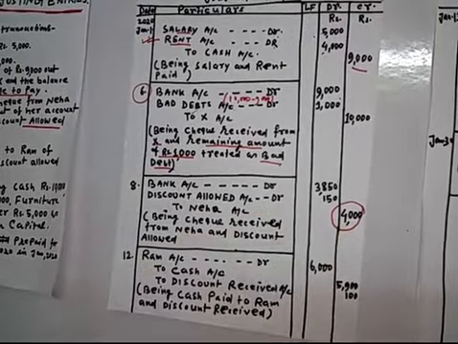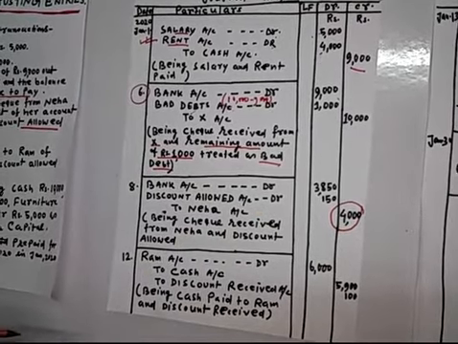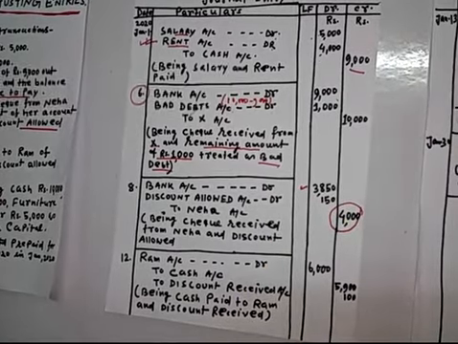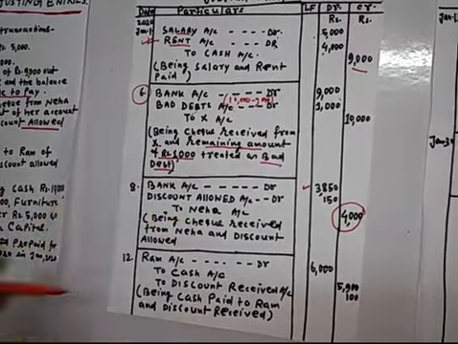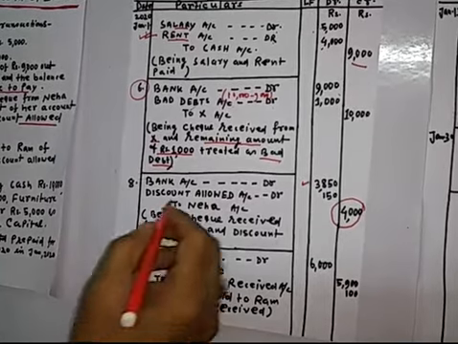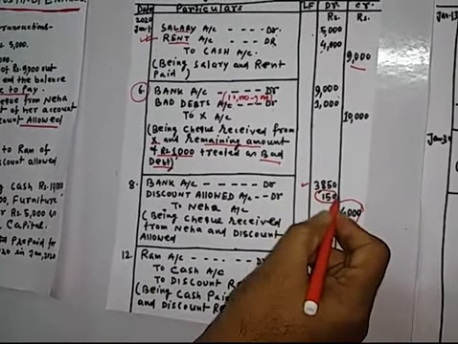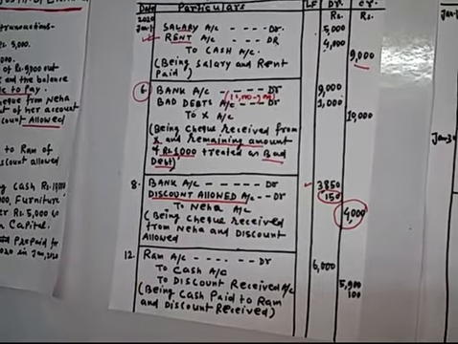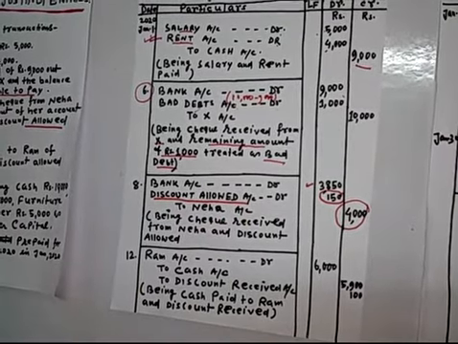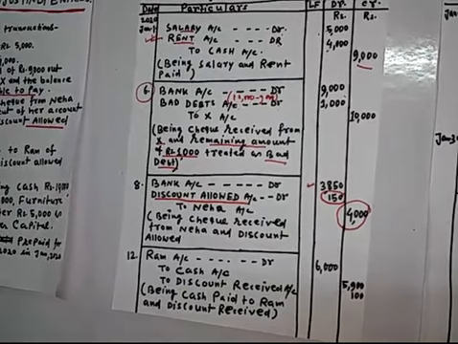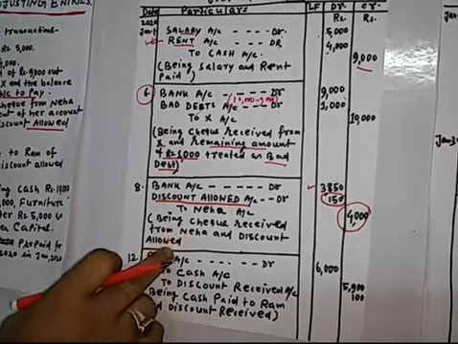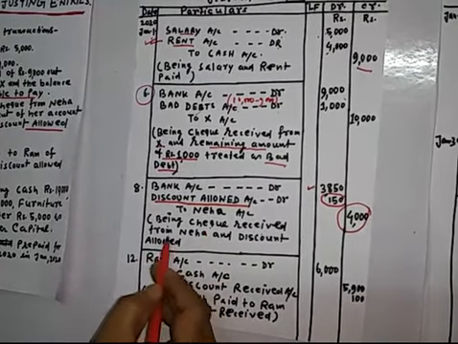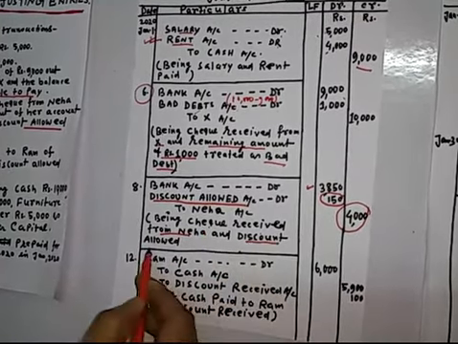Out of 4,000 you are getting 3,850 rupees by check, and for getting 3,850 rupees you are allowing a discount. So that is why discount allowed is debit. Why is discount allowed debit? This is a nominal account. Here you write the simple narration: being check received from Neha and discount allowed.